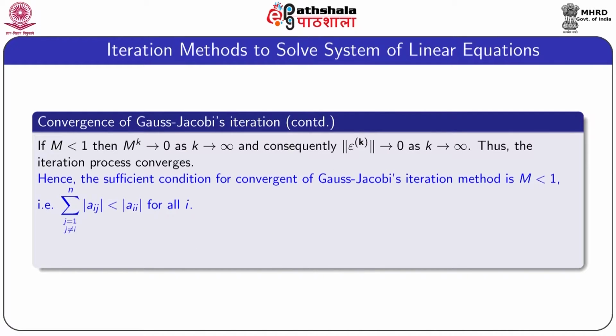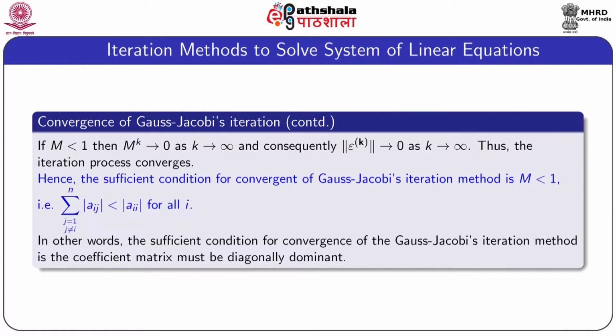Hence, the sufficient condition for convergence of Gauss-Jacobi's iteration method is M less than 1, or summation j equal to 1 to n, j not equal to i, absolute value of a_ij strictly less than absolute value of a_ii for all i. So, this is the sufficient condition for convergence of the method. In other words, the coefficient matrix must be diagonally dominant.